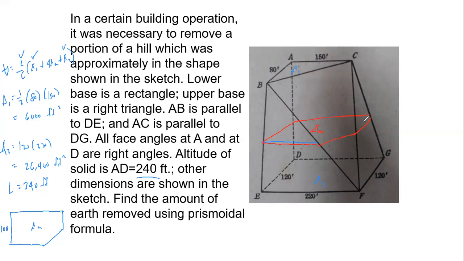Similarly for this segment, 220 plus 150 divided by 2 gives us 185. For this segment, 120 over 2 is 60, and 220 over 2 is 110.